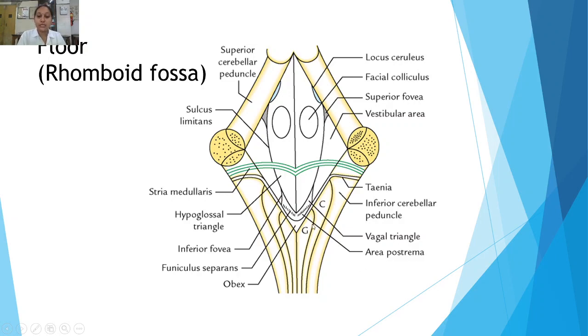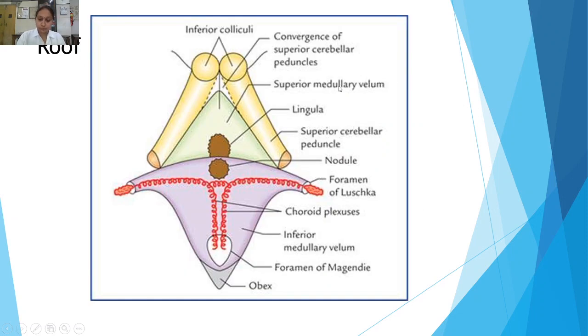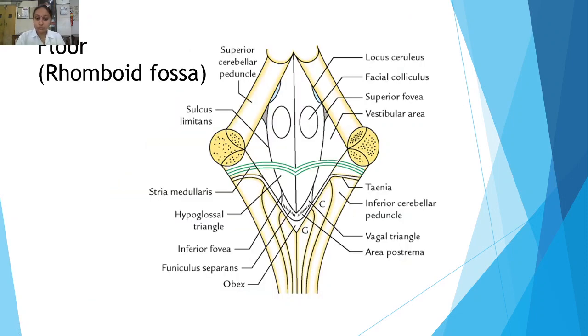Area postrema is devoid of blood-brain barrier, and a very important center, the vomiting center, is situated in area postrema. The obex is the meeting point of the two inferolateral boundaries. Obex generally is referred to as the inferior angle of the floor or rhomboid fossa.